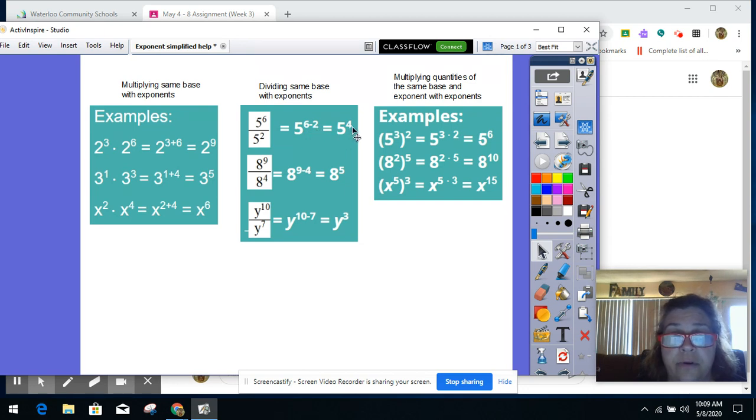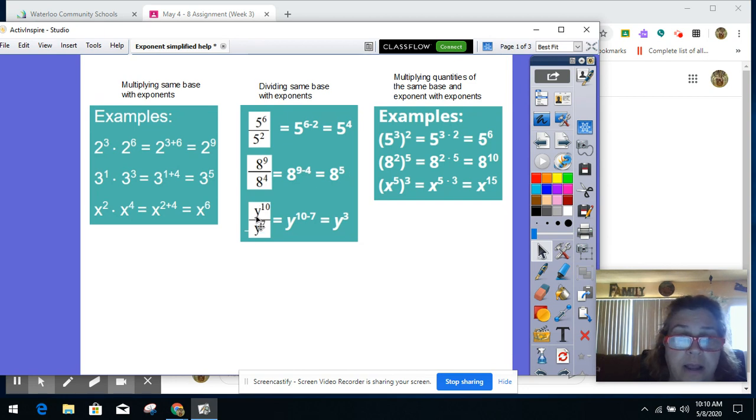So 5 to the power of 4. This one, same thing, same base, both 8s. 9 and 4 are our exponents, so we subtract them. 9 take away 4 gives us 5.